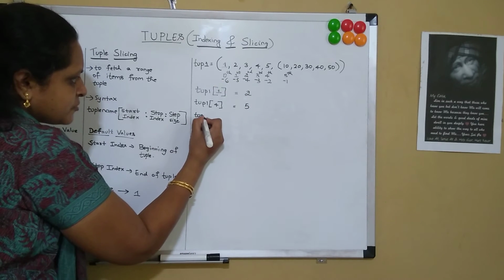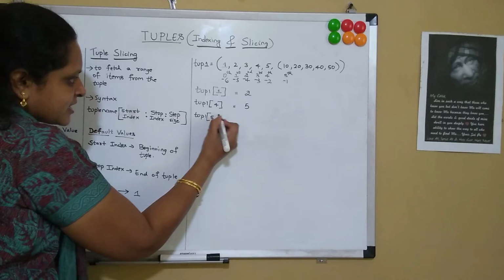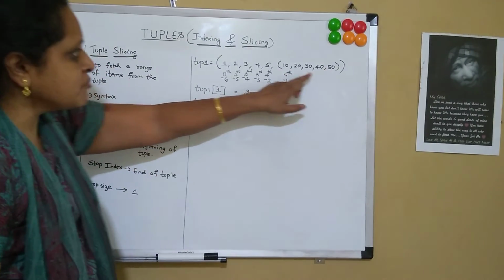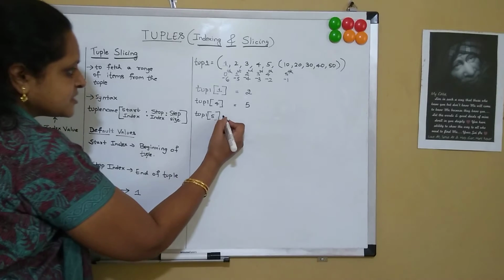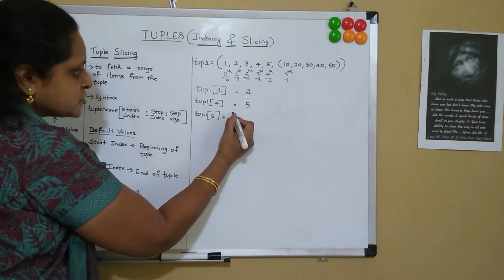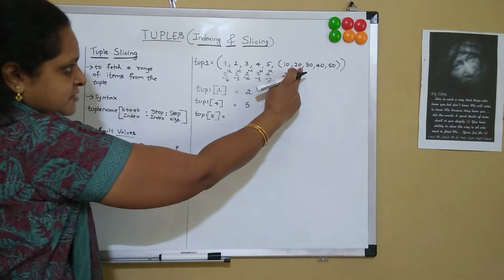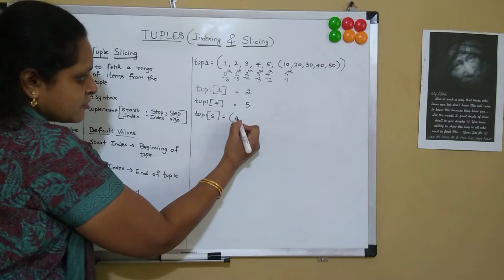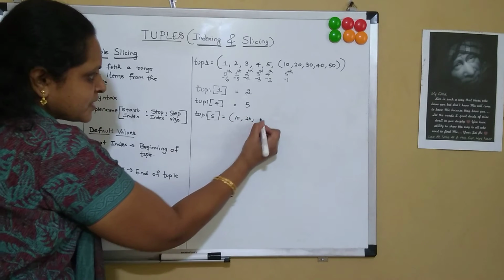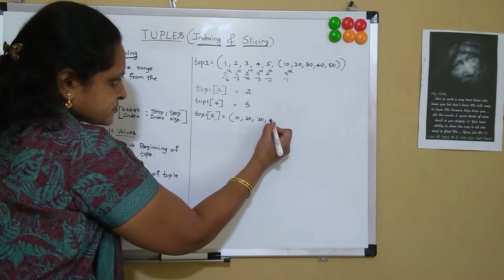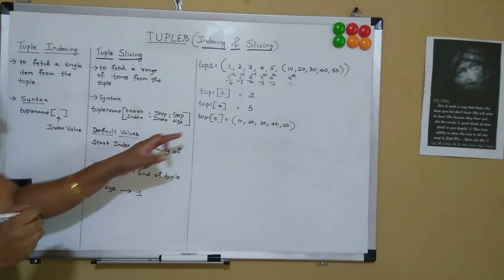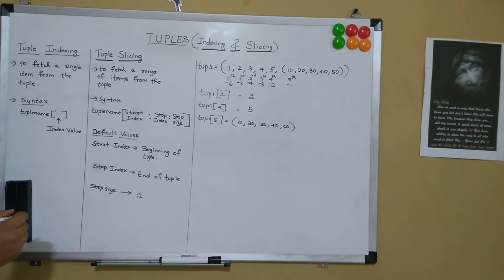Now if I say tuple1 of 5, at the fifth index I have one more tuple, that is the nested tuple, the inner tuple. So tuple1 of 5 will give the innermost tuple values.